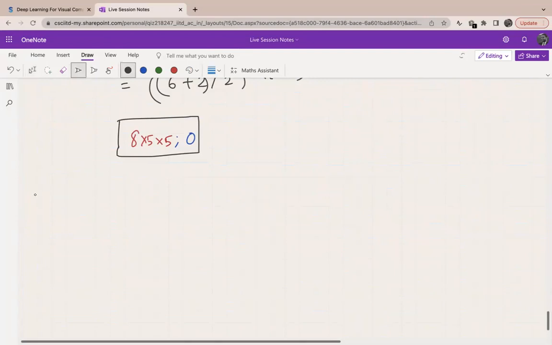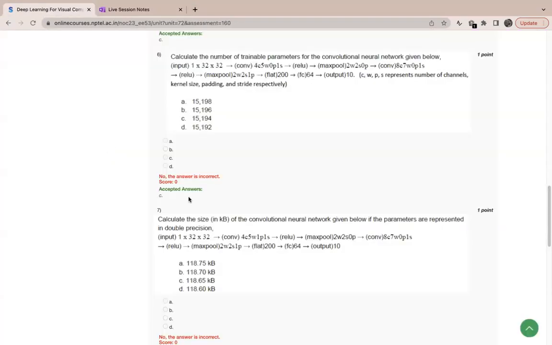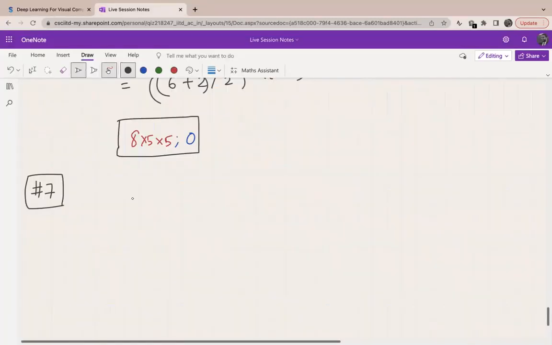Layer number 7. The assignment is very easy, but it is very lengthy to calculate. Layer number 7 is a flattening layer with 200 outputs.